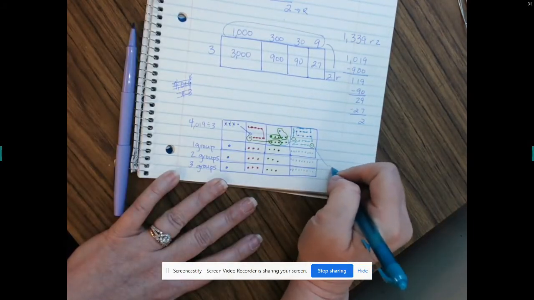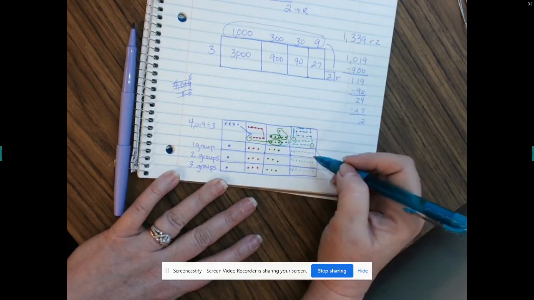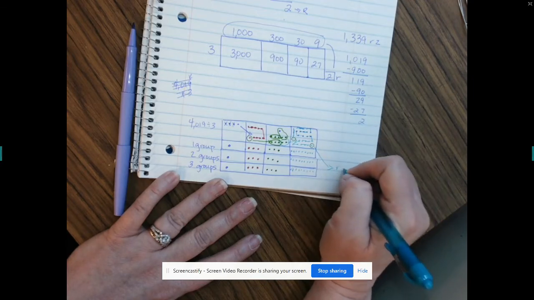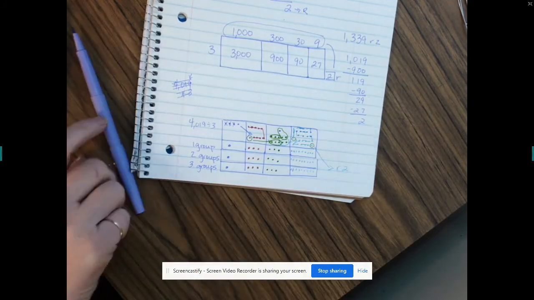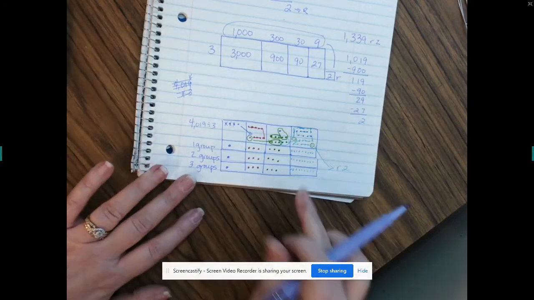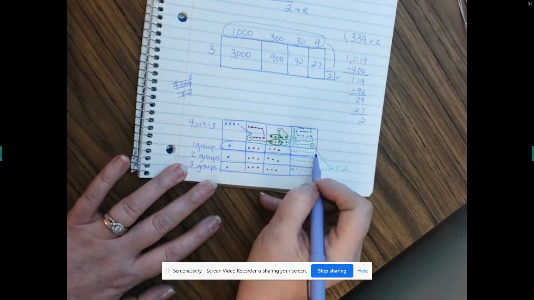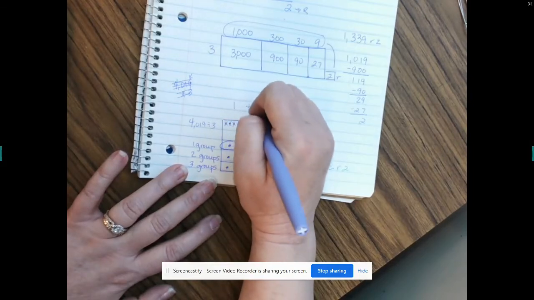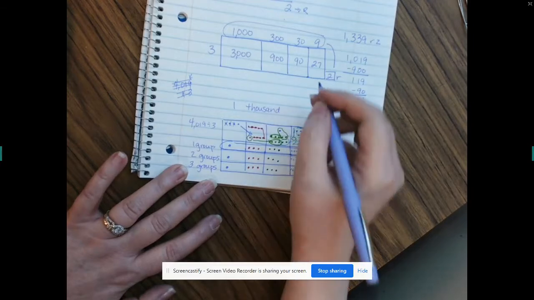So I know that those cannot be split into these 3 groups, because if I put 1 here and 1 here, I would not have an equal amount for that group. So this is my remainder of 2. And my quotient, now I'm looking at how much is in each group. So I have 1,000. I have 1, 2, 300s.